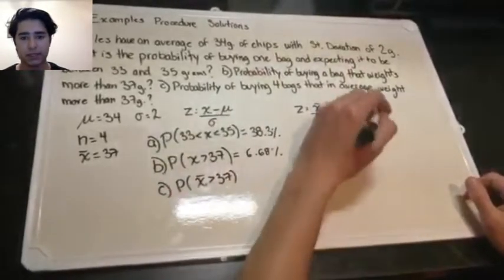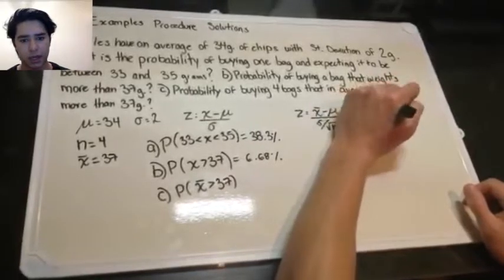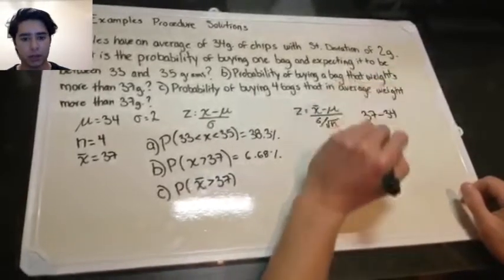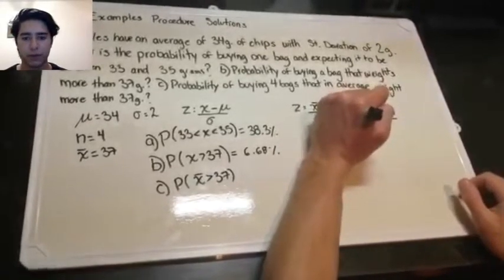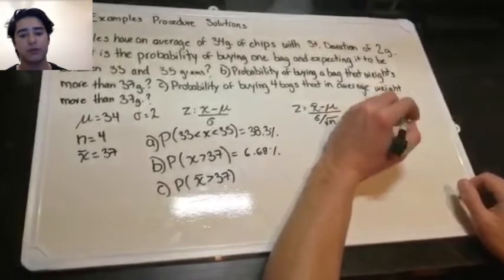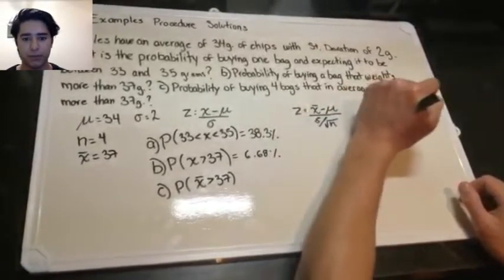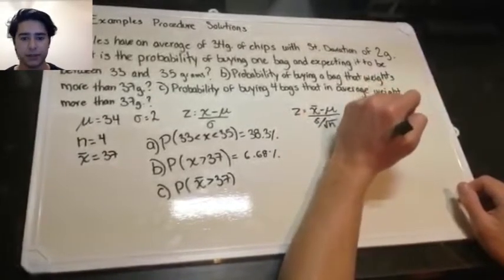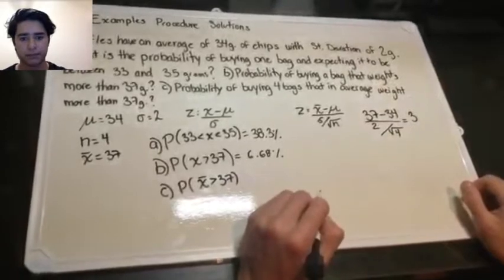So we enter the data in the formula, and it will give us a number that we will search in the tables, and then the result we will subtract from 1 because it asks us for a probability of more than 37. So this is it. Let's continue.